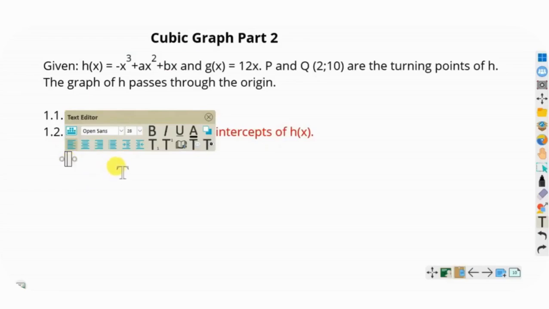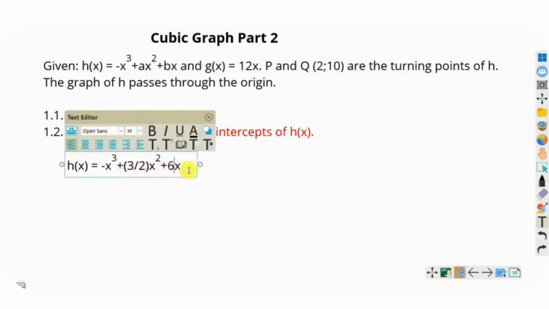Then, because now I know the value of a and I know the value of b, I'm going to substitute. Where I see a, I'm going to write 3 divided by 2, and let me put it in brackets. Where I see b, I'm going to write 6, because now I have them.